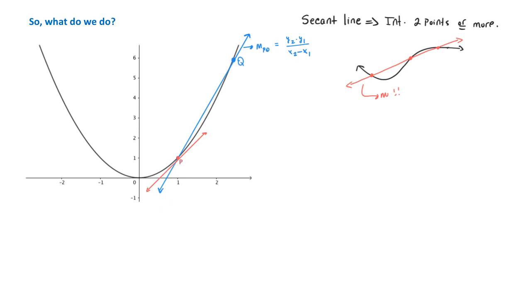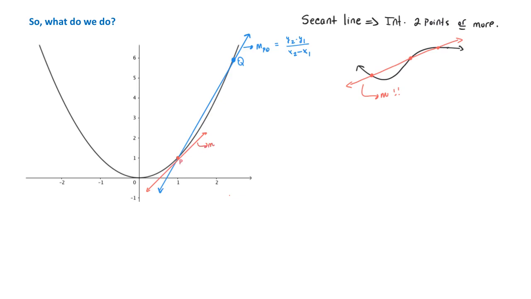It should only intersect the graph at point P, and then it should move away from that graph. So hopefully we can still keep a bit of that definition in place. So this should be really the slope of the tangent line. This should be the true slope of my line right here, little m.